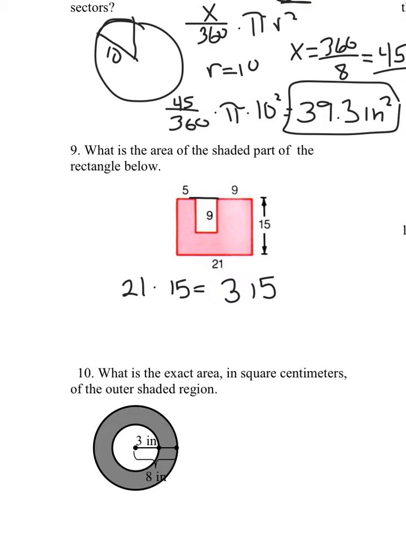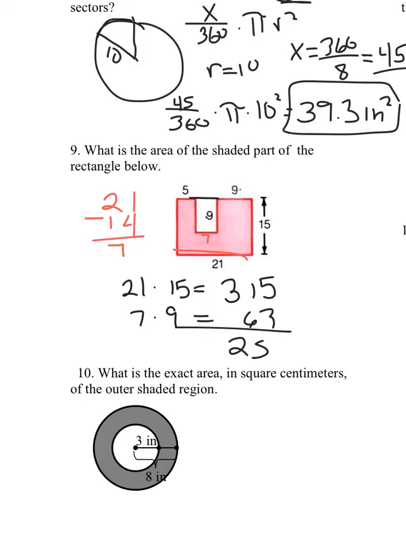Then you have this hole cut out here, and it's 9 by... the way to figure out the bottom is the whole bottom is 21. This is 5 and 9, which is 14, so that's 7. So 7 times 9 is 63, and you subtract, which gives 252 units squared.